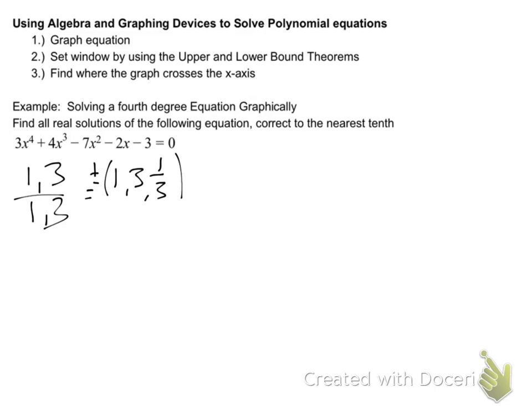Well, first of all, if I was to test any of those, would they work? Would any of those work? Do any of them cross at 1, 3, or 1/3, plus or minus?